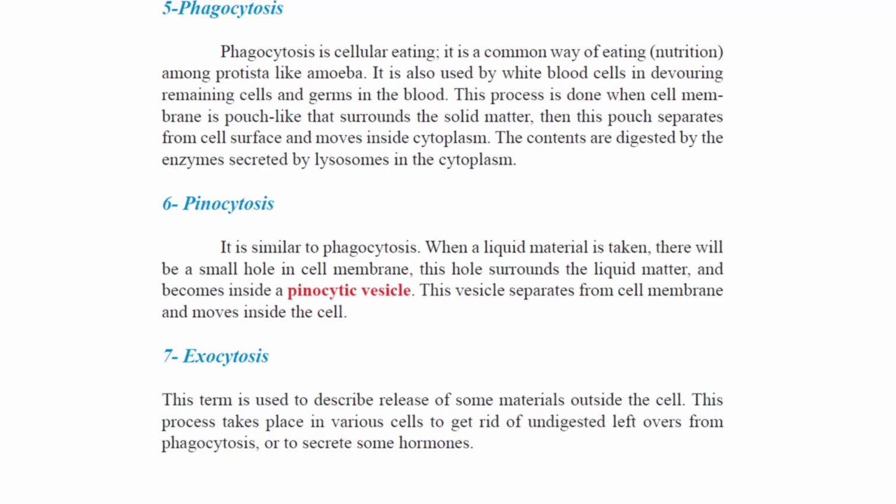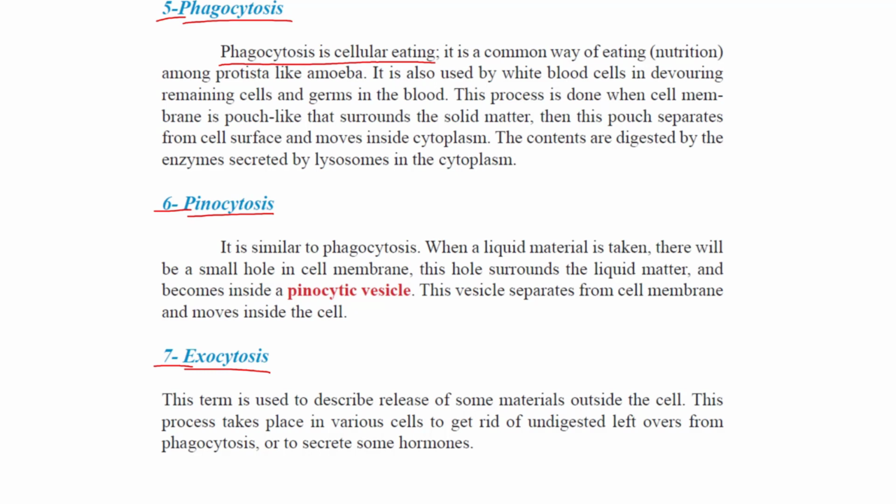Phagocytosis, pinocytosis, and exocytosis, some label as different or not part of active transport, but if a question asks to give examples for active transport, we can give phagocytosis, pinocytosis, and exocytosis. All these three types of material passage through the plasma membrane are examples of active transport. Phagocytosis is cellular eating.